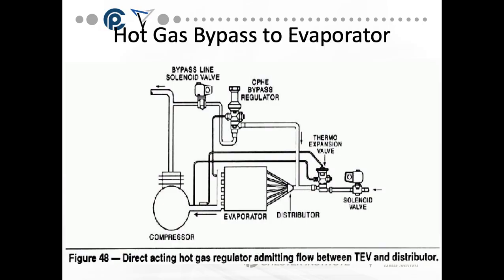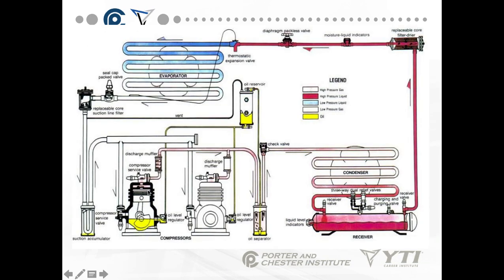So again, if we go back to the first slide way back at the start of this presentation, we have different components that show up in different places in the refrigeration system. Okay, we have our discharge mufflers, we have our suction accumulators, we have oil separators, we can put check valves in to prevent backwards flow.